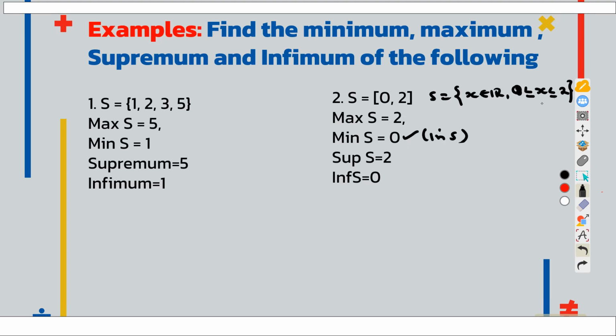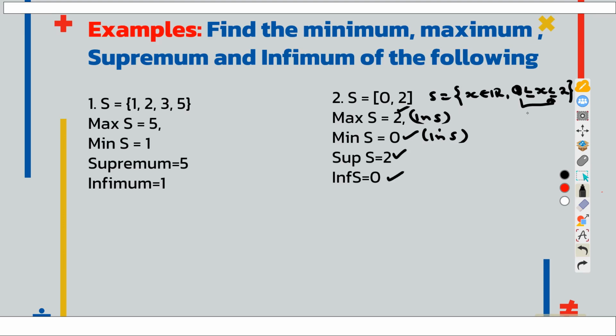2 qualifies to be the maximum because all the elements from 0 to 2 are in the set, and 2 is included. It means 2 is the biggest value, the largest number, and it is already in the set S, so it qualifies to be called the maximum. The supremum: all the elements that you will list in this set will be less than or equal to 2, so the supremum will be 2.